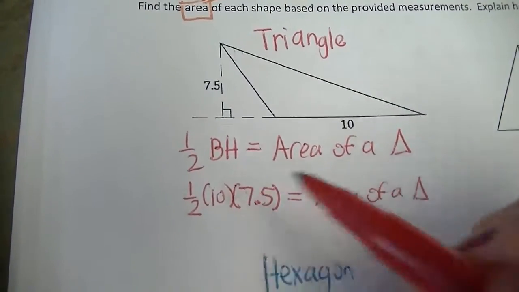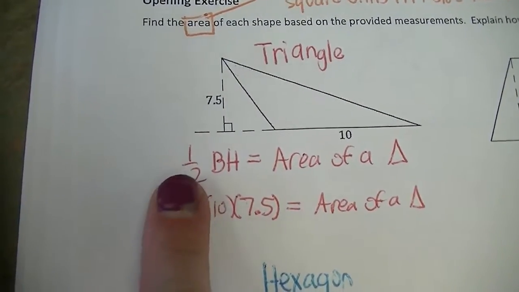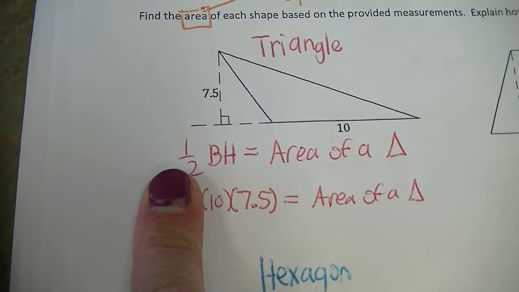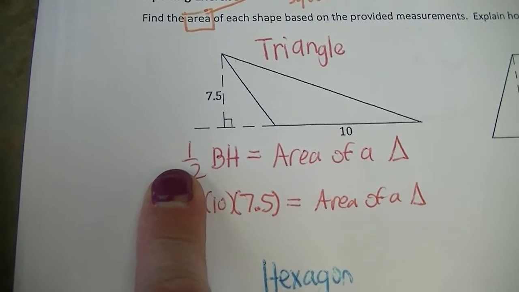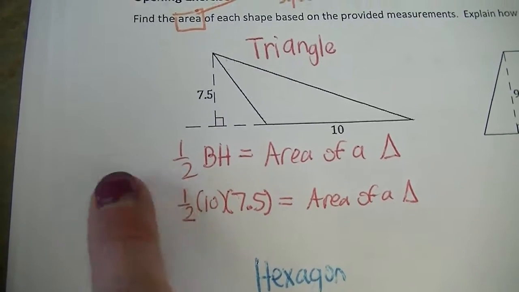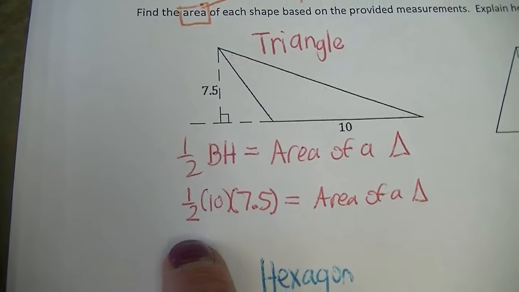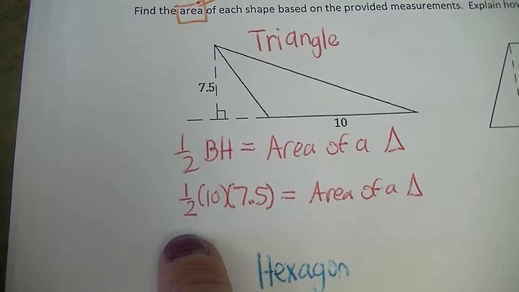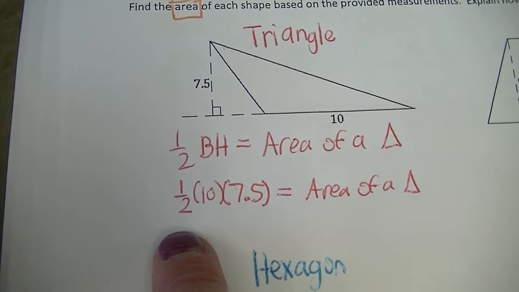So when I multiply this out, I can go 10 times 7 and 5/10, take that answer and then divide it by 2. Or I can go 10 times 7 and 5/10 and multiply it by 1/2, because multiplying by 1/2 and dividing by 2 is the exact same thing.